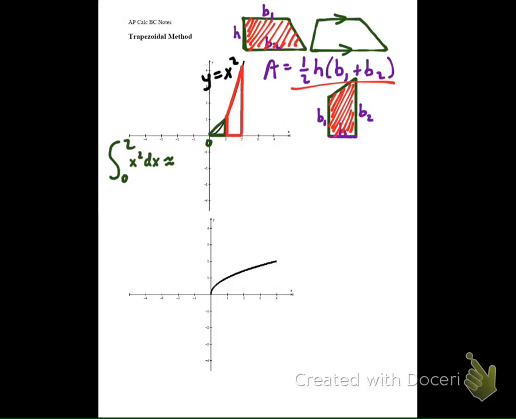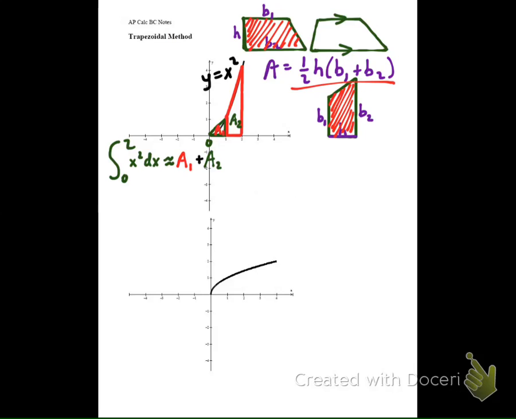Let's label the area of the first one A1, in red, and in green we have A2. So we have the area of the first one plus the area of the second trapezoid.